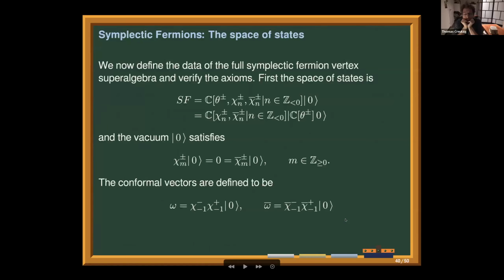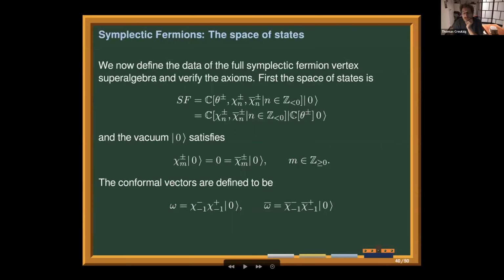Okay, and now we want to lift this, and we do this in one go. We want to define a space of states of the conformal field theory. So we take a vacuum on which all positive modes act as 0, and we let everything else act freely, also the theta plus and minus. This means it's this big polynomial ring, and in the second line I split it into two parts.